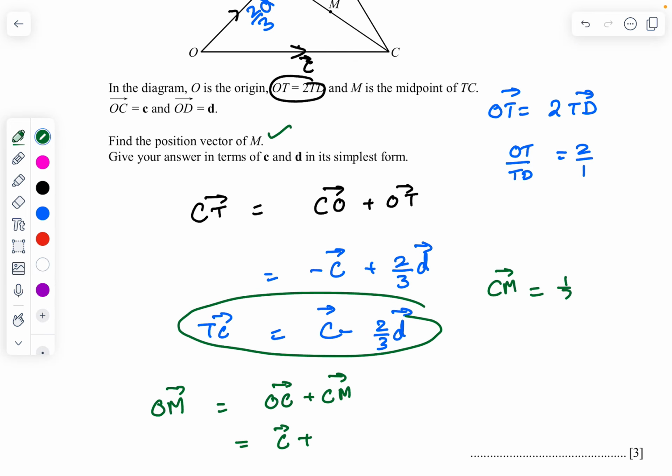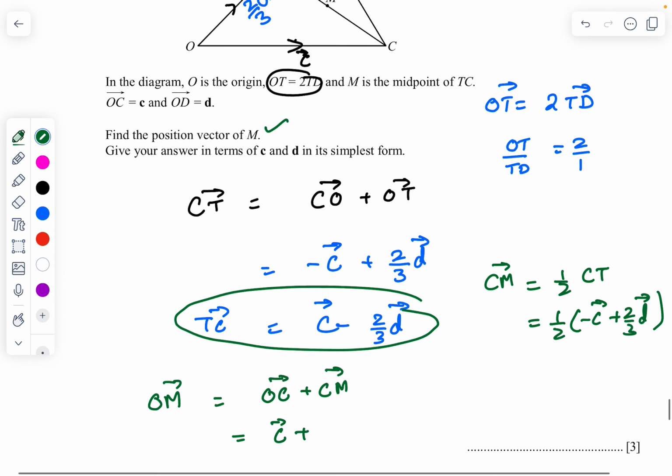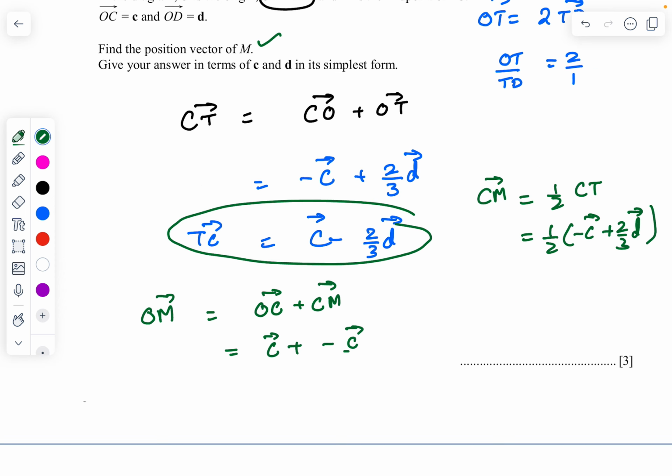So half of CT is minus C plus 2 upon 3 D, which is going to be minus C upon 2 plus 1 upon 3 D. So the final answer is 1 upon 2 C plus 1 upon 3 D.